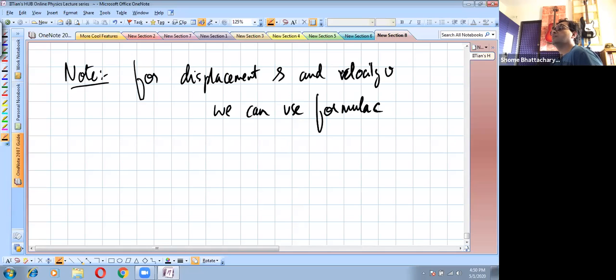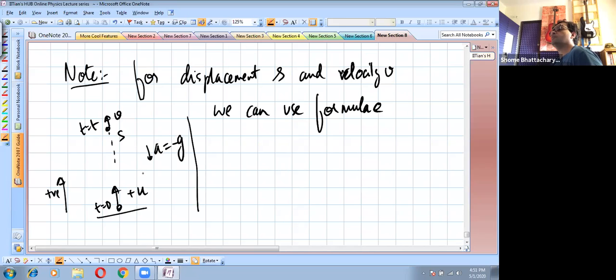Okay, that if we are taking upward direction as positive, so t equal to 0, we have projected it with plus u. So at some time t, it has a velocity v, it has a displacement s, and during this time the acceleration is minus g because it's pointing downward.